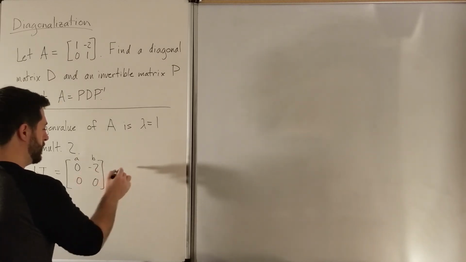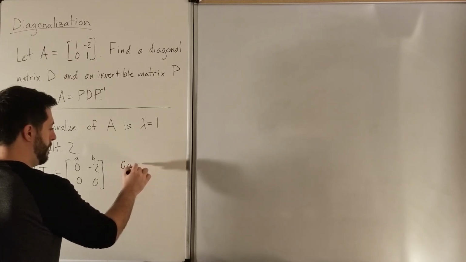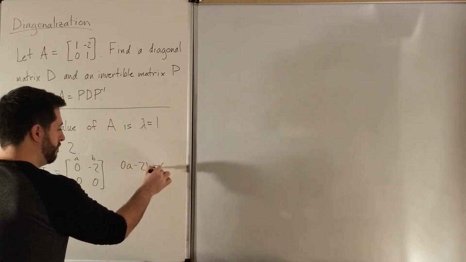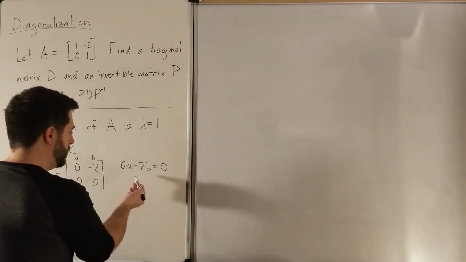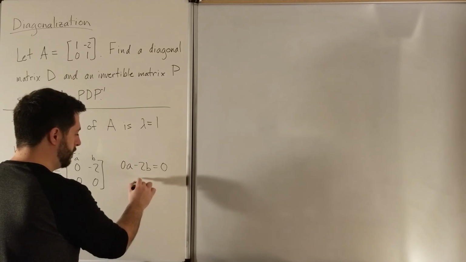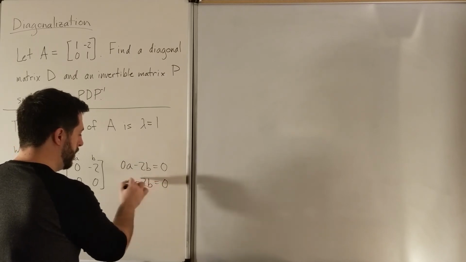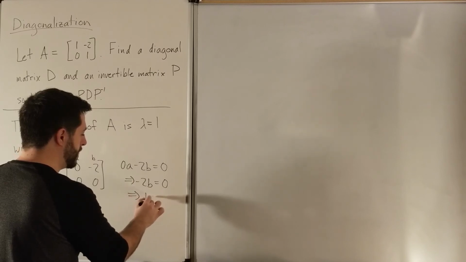And we can say that the first line tells us that 0 times A minus 2 times B equals 0. And the second line tells us nothing, 0 times A plus 0 times B equals 0. So this line tells us that negative 2b equals 0, which is the same thing as saying that b must be 0.